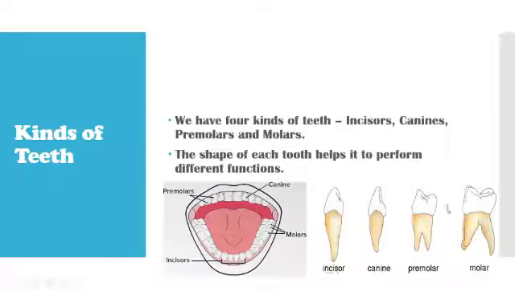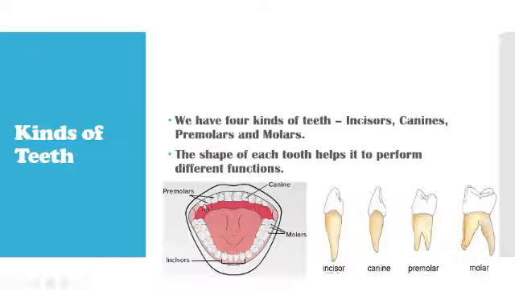Coming to the diagram, see children, these 2 incisors, okay? These 2 incisors, thereafter this one and this one and this one, canines. Then these 2, and here also 2, what?